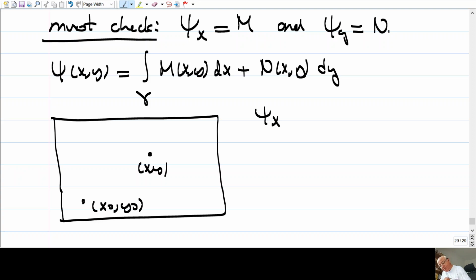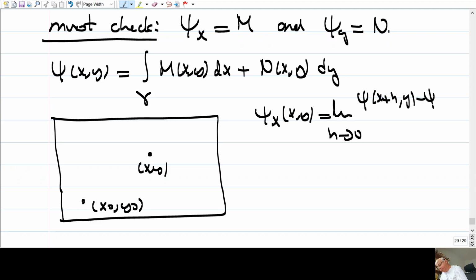I would like to compute this. How can I compute this? Well, this is at (x,y). This is equal to the following. You take the limit as h goes to 0 of psi(x plus h, y) minus psi(x,y), so I have to take this limit.